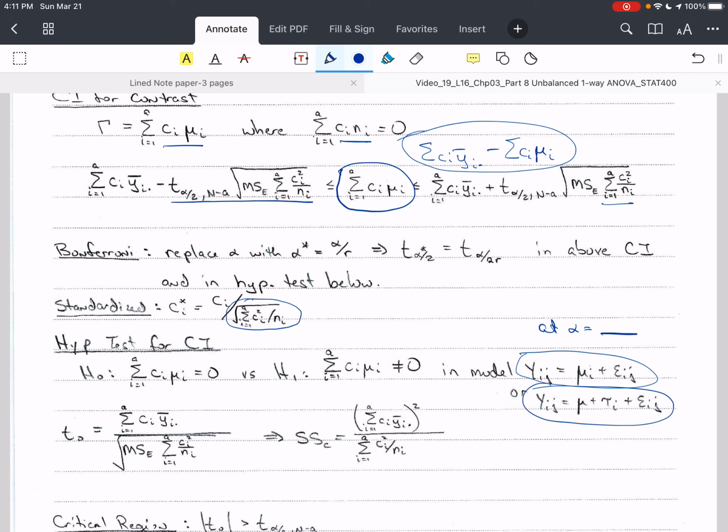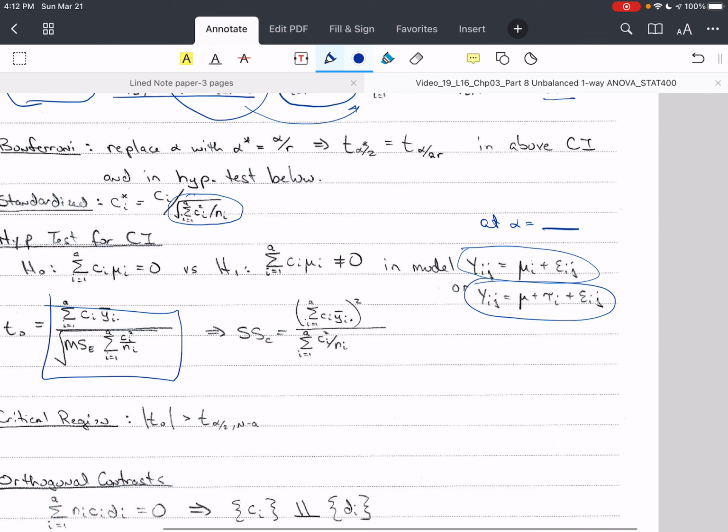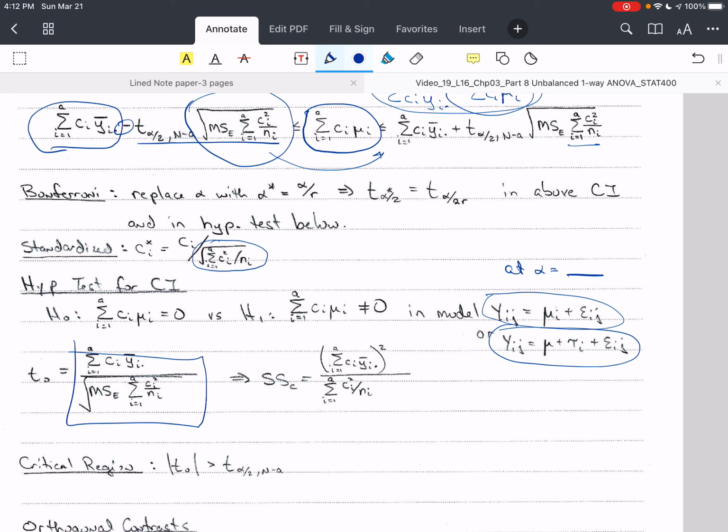We could do that by subtracting this from all three sides, and then we would need to reverse the sign, so we would multiply through by -1. Then we could take this quantity and divide all three sides by that quantity. And since this is equal to 0, we end up with this test statistic here. So let me show you what I'm talking about real quickly.